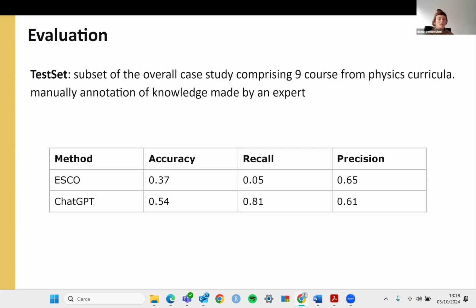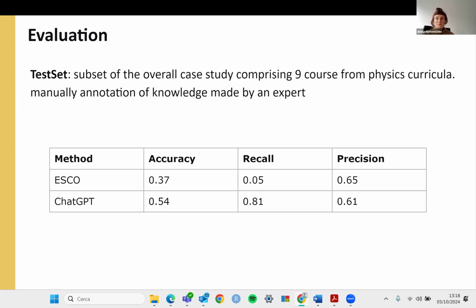You can just say, okay, identify the general knowledge contained in this class, or maybe you can ask the LLM to extract the precise educational concepts that are mentioned in this class. So you have more possibilities with prompt engineering.